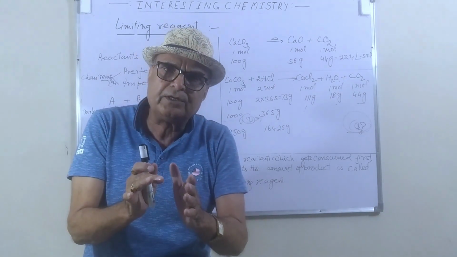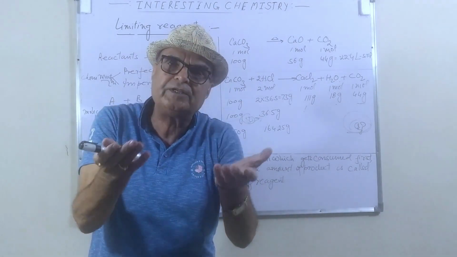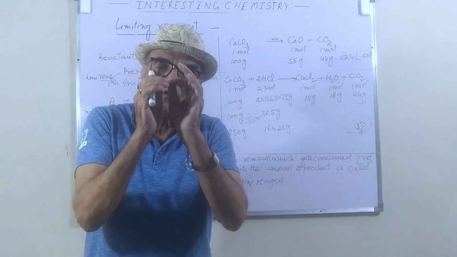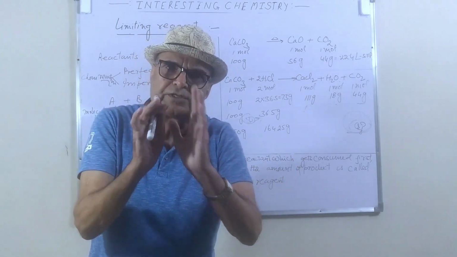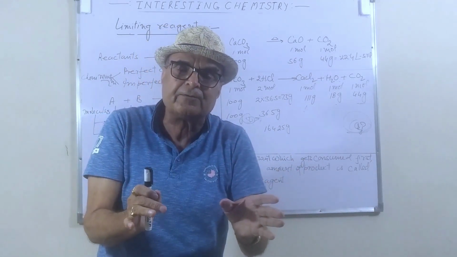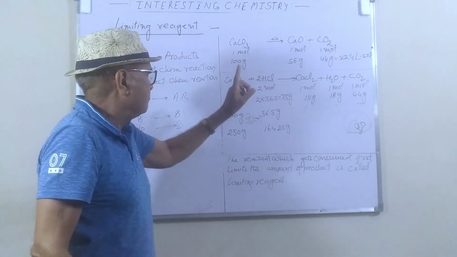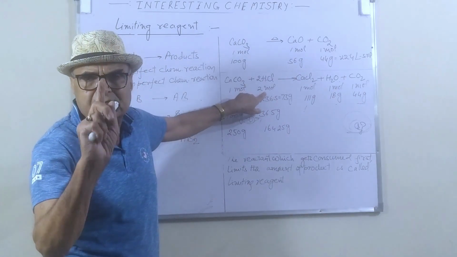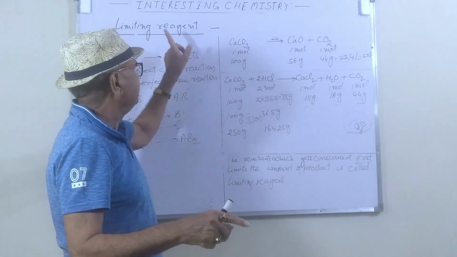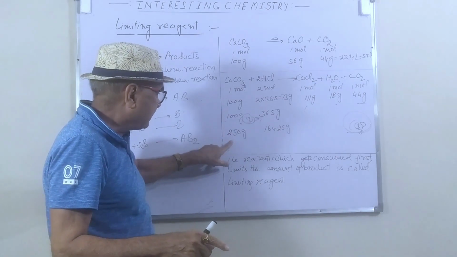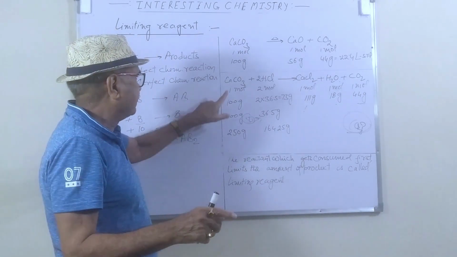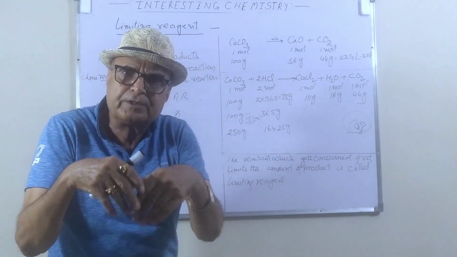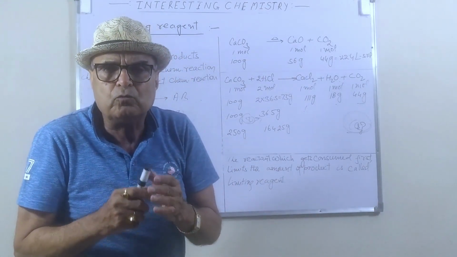In your question, the amount will be given in gram. The gram amount won't help to decide the limiting reagent. Only the mole unit helps you to decide the limiting reagent. So the gram amounts of calcium carbonate and HCl must be converted into mole.